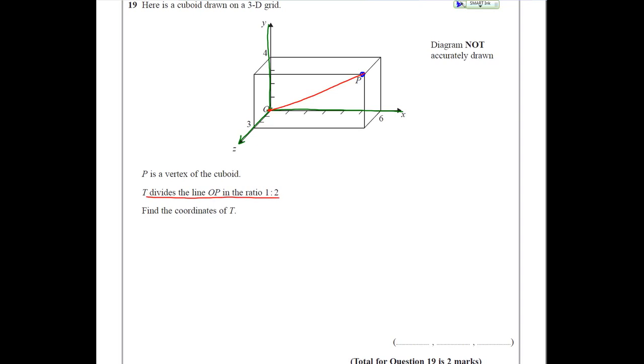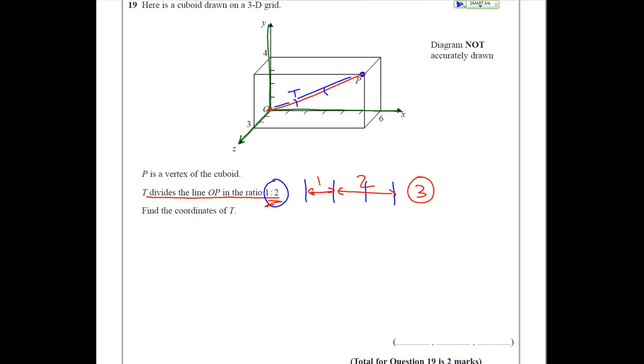To split it in the ratio of 1 to 2, we need 3 parts. You might have seen people just adding these numbers up. So if we split that up, 1, 2, 3, T is here, 1 to 2.